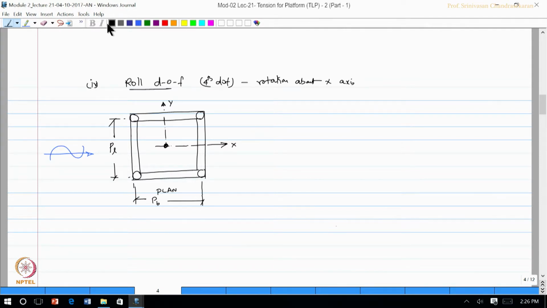Now, I want to name these column members as 1, 2, 3 and 4.